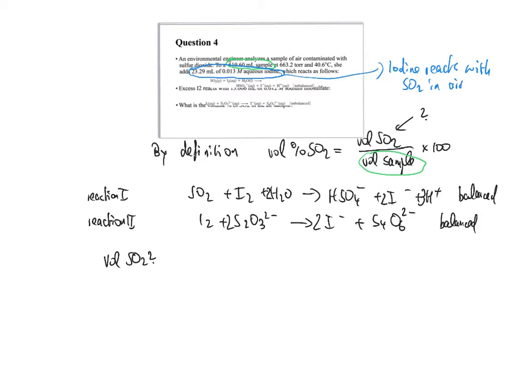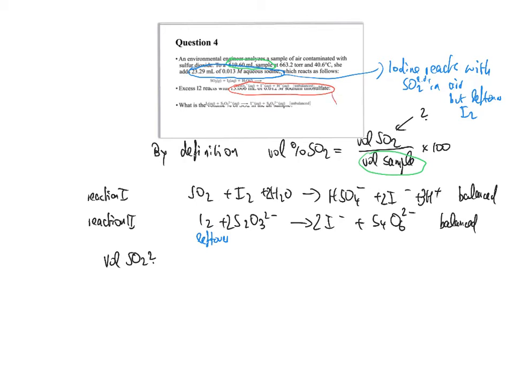How much? All of it, because the SO2 should be the limiting reactant. But there's leftover iodine. Now the leftover iodine is titrated with sodium thiosulfate, and that is kind of hidden here under the balanced chemical equation.